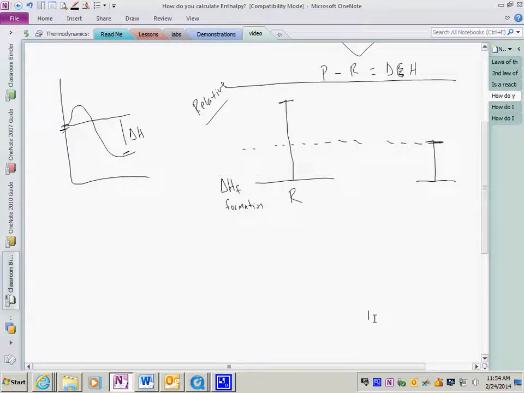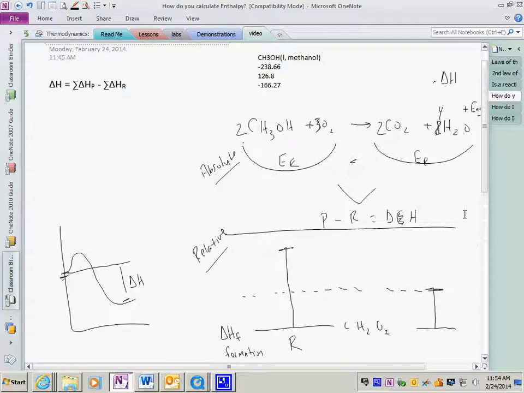So what they say here is, okay, well, if I have carbon, hydrogen, and oxygen in those elemental forms, how much would it take for me to create the substance of CH3OH and O2? I need 3 of those and 2 of these.